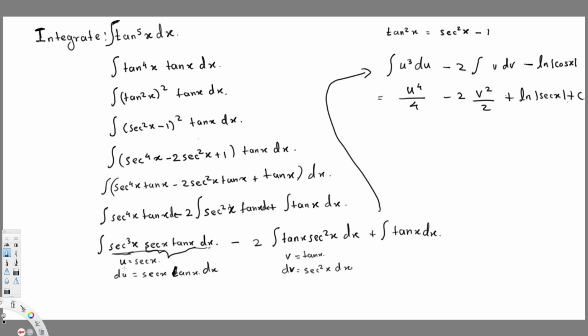We know that u is equal to sec x and v is equal to tan x, so let's do the substitution. This is going to be sec^4 x divided by 4, minus 2 tan square x divided by 2, plus ln sec x plus a constant, and that is the final answer.